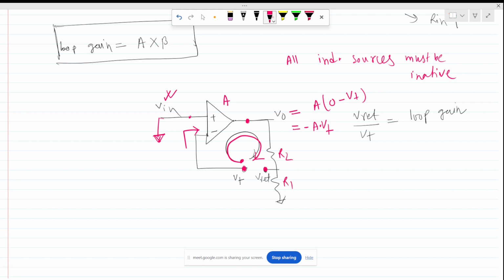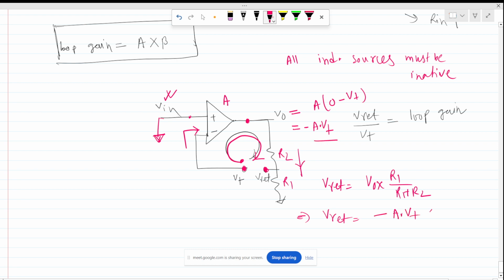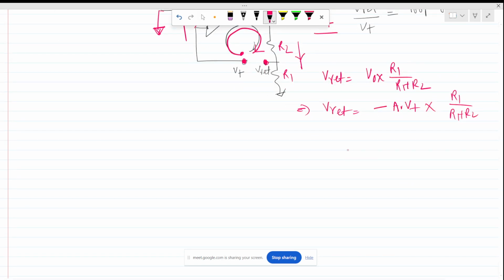And we have this V return. This will be nothing but a voltage divider circuit. So for V return, we directly write V out times R1 divided by R1 plus R2. V out is minus A times Vt, so V return is minus A times Vt times R1 divided by R1 plus R2. So V return divided by Vt is nothing but minus A times R1 divided by R1 plus R2.